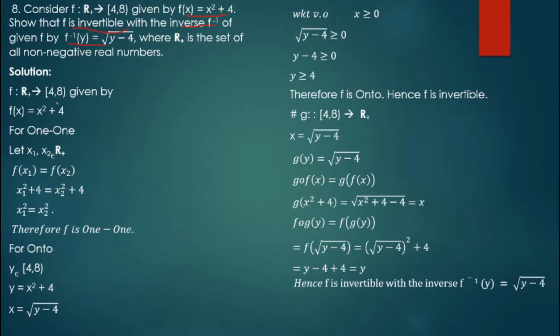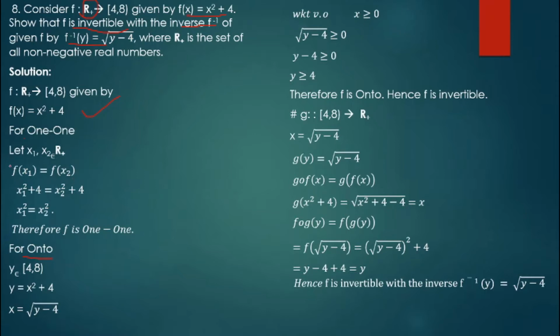Okay, solution. So we'll write first the given. When we are asked to prove it as invertible, we have to show that the function is one-one as well as onto. So same thing we are doing here. Let x1, x2 belong to R+. Why R+? Because x1 and x2 belong to this set. So f(x1) = f(x2).